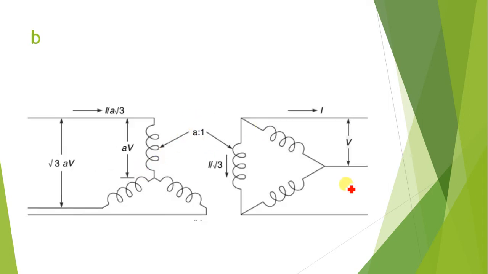Similarly, star to delta, we have I by A into root 3 as the line current. Line voltage is nothing but AV. Phase voltage is root 3 into AV. Similarly, line current in case of delta in this case is I, whereas the line voltage is V, and phase voltage is V by root 3A. So these two are the differences.